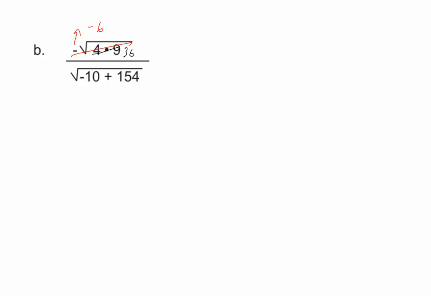Did you get a negative 6 in the top? On the bottom, negative 10 and positive 54 leaves a positive 144, and therefore the bottom is 12. Surely you reduced, and the final answer would be negative 1/2. How many got that right? Okay.